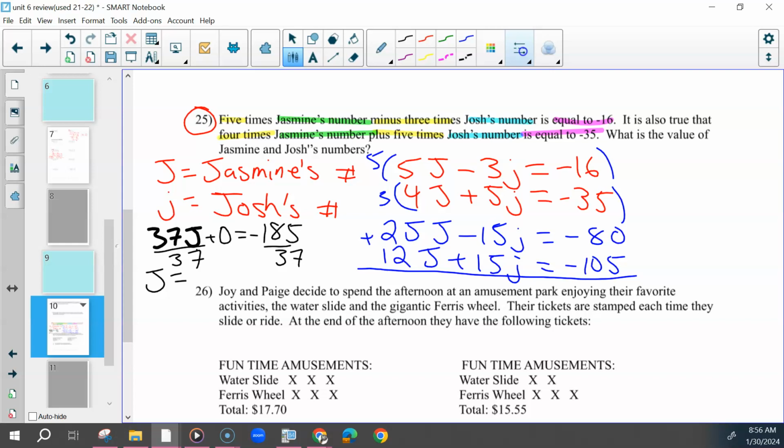Negative 5. The unit here, we wouldn't really have one. You put units if you want, but that's fine. And then we could put this back into one of our 4 equations to find Josh's number. So I'm just going to use the first one.